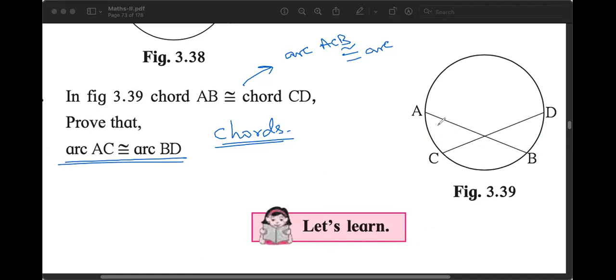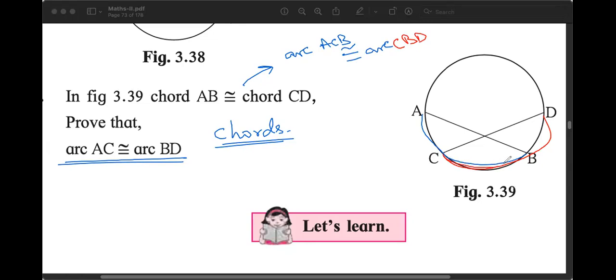So when we say chord AB, तो हमने ये वाला arc लिया. Now when we are saying chord CD, तो हम ये वाला arc लेंगे. Now this arc can be written as arc CBD or DBC. No other way. है ना? और इन दोनों में कुछ कॉमन है.